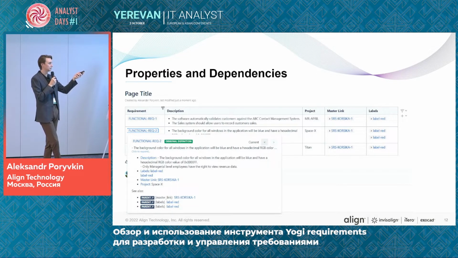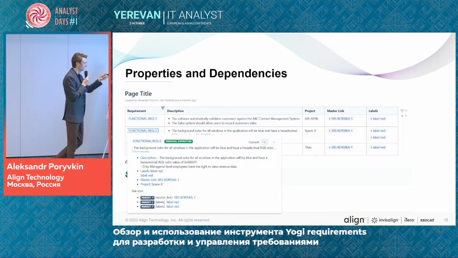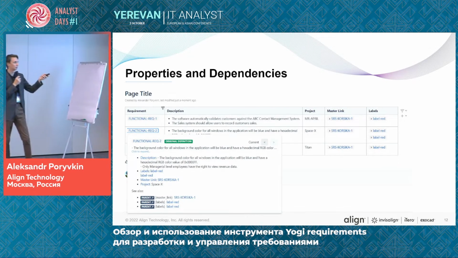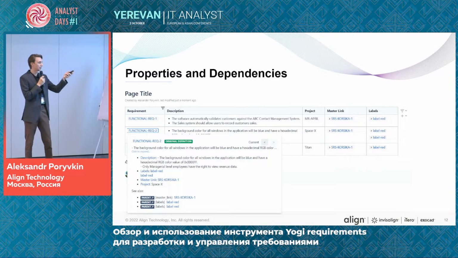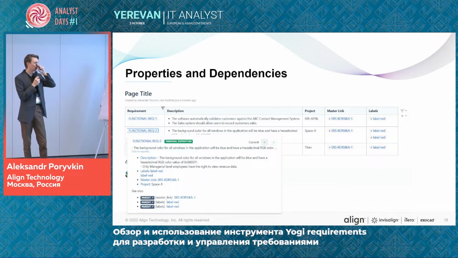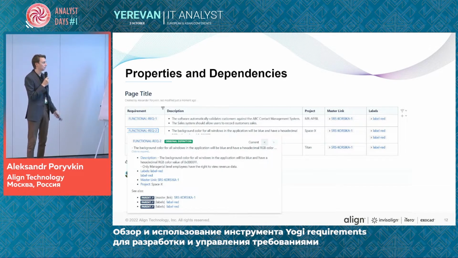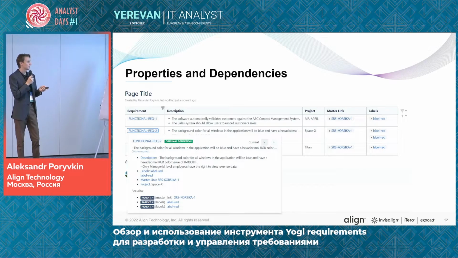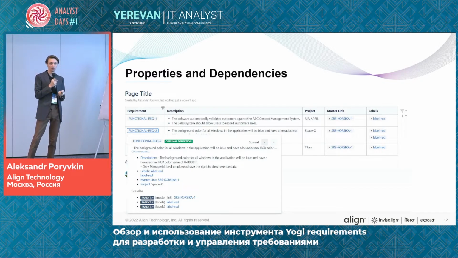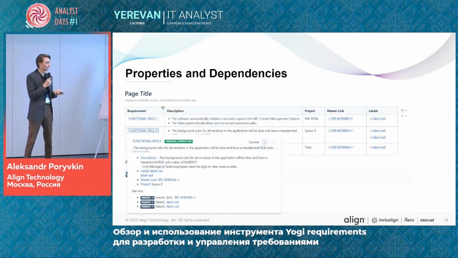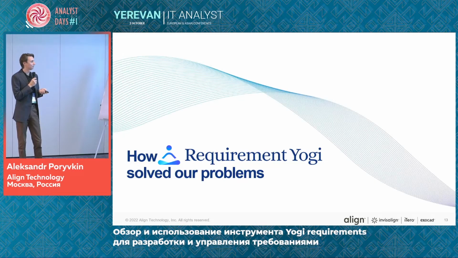By clicking the second one, we see a list, an editable list of properties and all linkages with other requirements that are determined based on the information from other columns. This data is part of both the HTML page and the database.